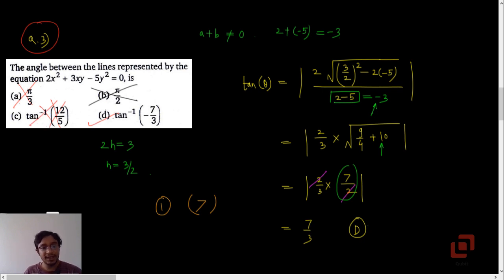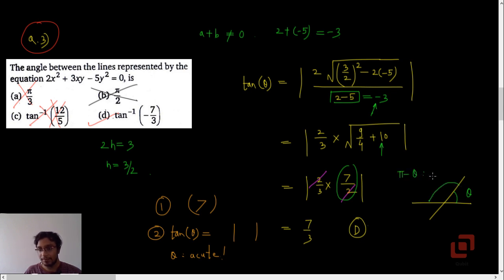Okay. The second point is, when we write this formula tan theta equal to mod of something, there we assume that theta is acute. Okay, but that need not always be the case, right? For example, if we show the lines, then if we are talking about this theta, then it is acute. But if we are talking about this angle, then it is obtuse.